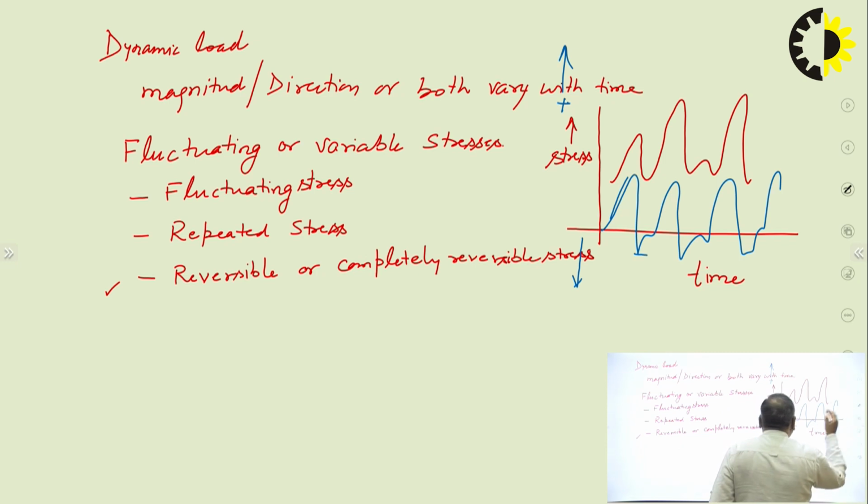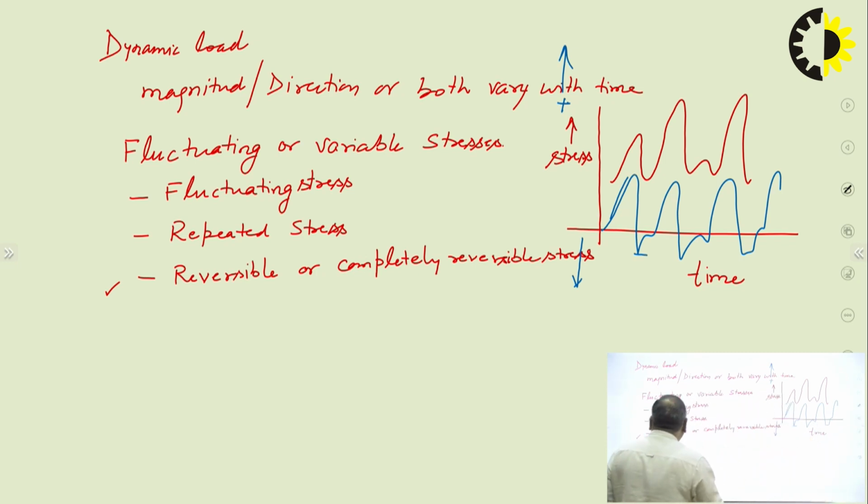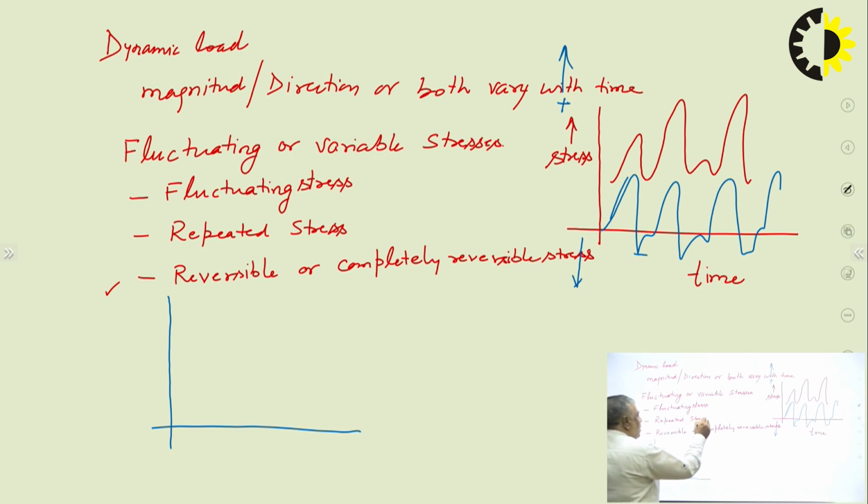Now, another is the repeated stress. A special type of fluctuating stress is known as repeated stress. In the case of repeated stress, the minimum stress is always equal to 0. It reaches maximum, then it is 0.